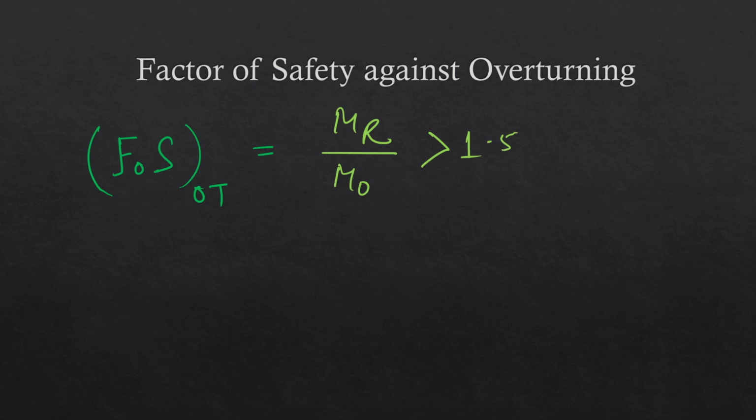So 1.5, sometimes 1.3, sometimes even 2. While designing a dam you can find out the required factor of safety, and you'll have to design the dimensions of the dam based on that factor of safety. So this is how we analyze the safety or the stability against overturning.